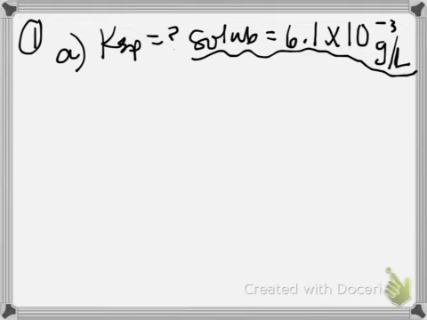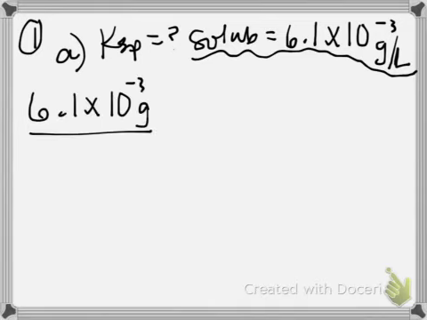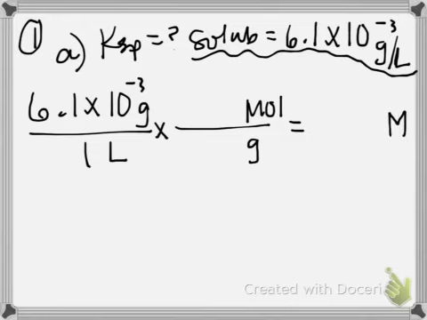So the first task is going to be converting our 6.1 times 10 to the negative third grams of this compound into moles. So we're going to go from grams to moles. Now, it's grams per liter, so I'm going to put the liters on bottom so that when I solve this, I will have moles over liter, which is the same as molarity. So 1 mole, the compound is calcium oxalate.